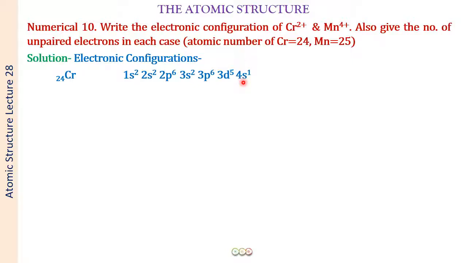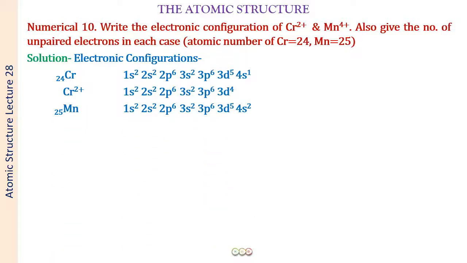So the first electron to be lost is going to be 4s1, and then one more to lose, it will go to the 3d electrons and lose 1 electron over here, making it 3d4. So we have the electronic configuration for chromium +2 to be 1s2, 2s2, 2p6, 3s2, 3p6 and 3d4.